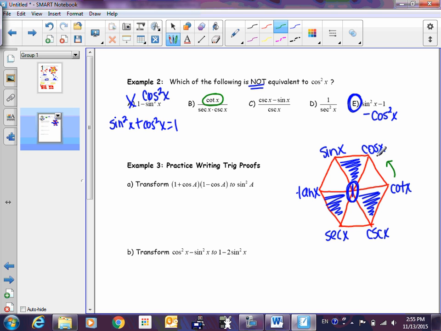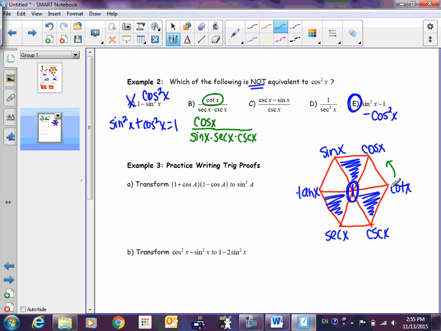If I go this other direction and I replace cotangent with cosine x over sine x, and then let's write down what was already in the denominator. I'm replacing cotangent x with what it equals.